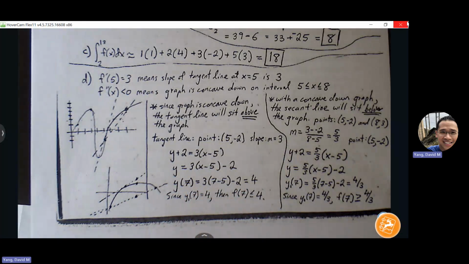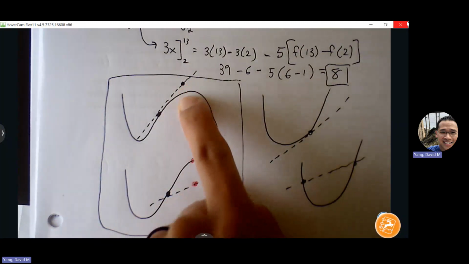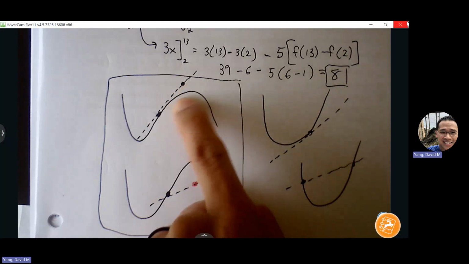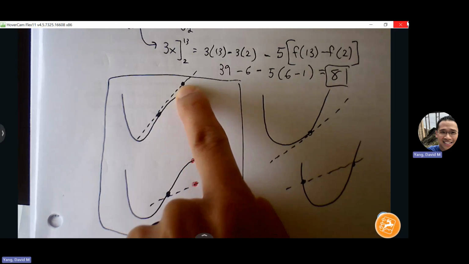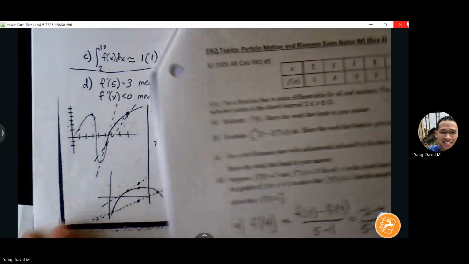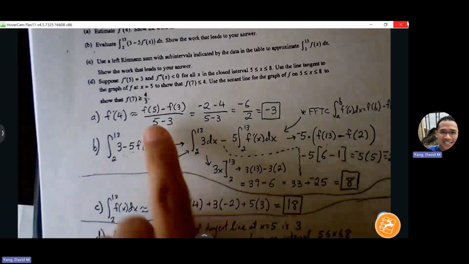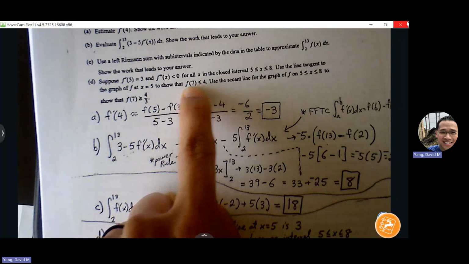So I know the point on the line has a y value of 4, and the point on the curve must be lower than 4, because the tangent line sits comfortably above the curve. So that's the justification: show that f of 7 is less than or equal to 4, because the tangent line is at 4, so the point on the curve is definitely less than 4.